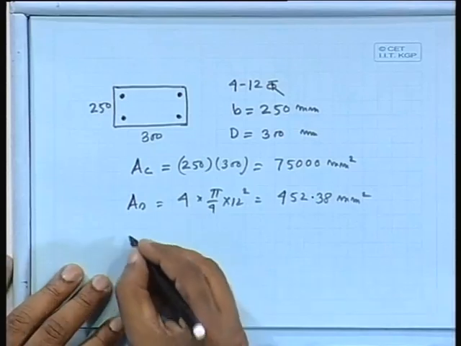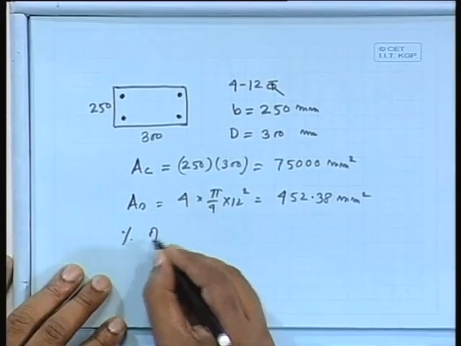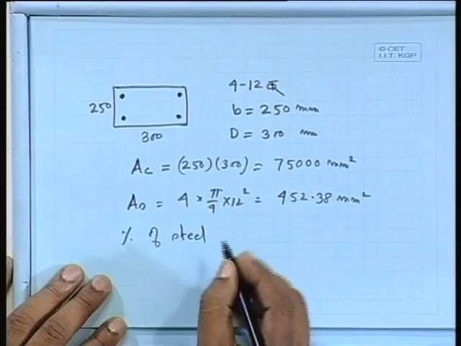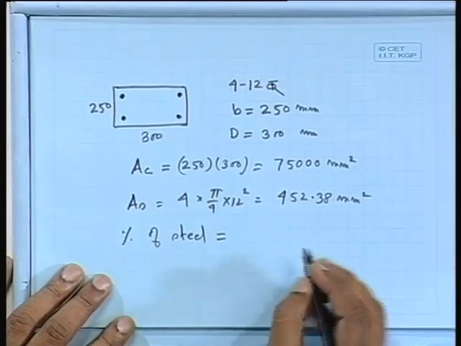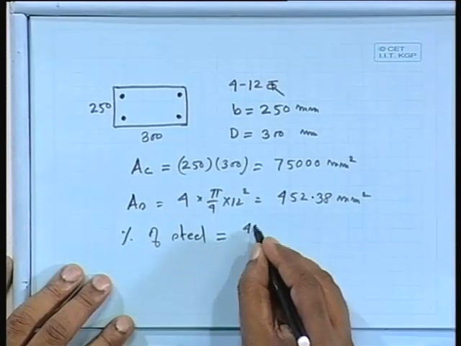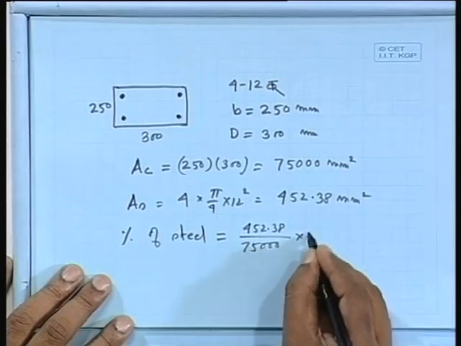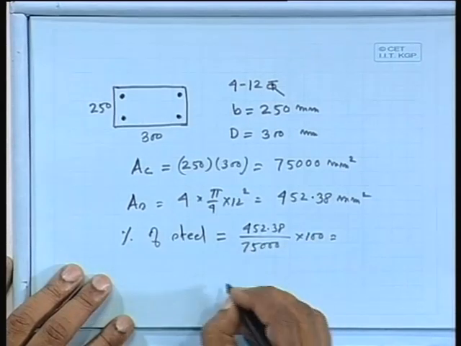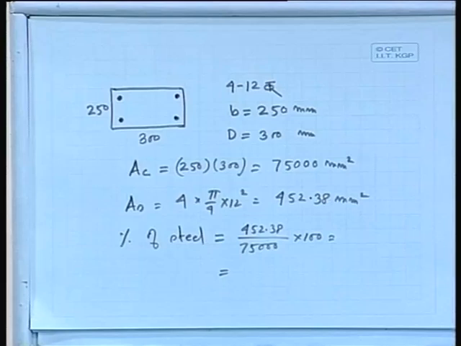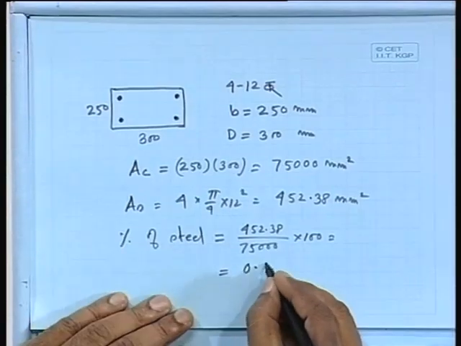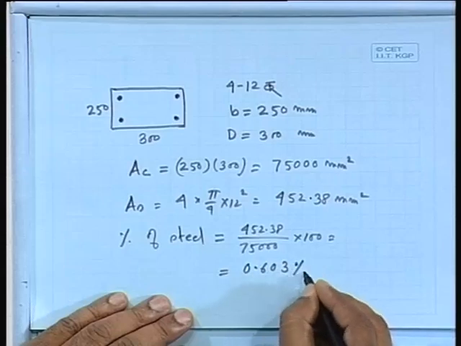let us find out the percentage of steel before going to the calculation. Percent of steel equal to, which comes as 0.603 percent.